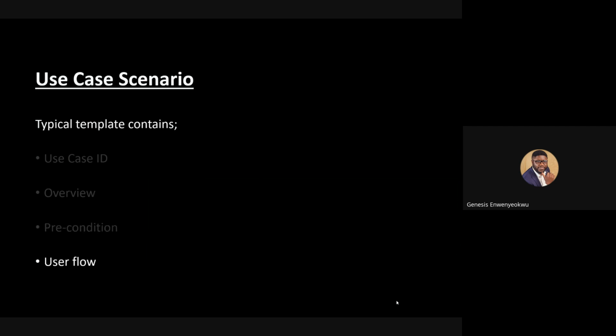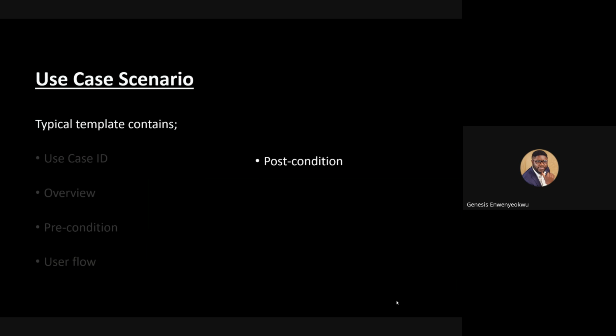After the precondition, we have what we call the user flow, or what we call the basic flow. This is where you outline the basic steps to accomplishing that use case. And then we have the post condition. Post condition speaks to what should happen next after the basic flow has been completed.